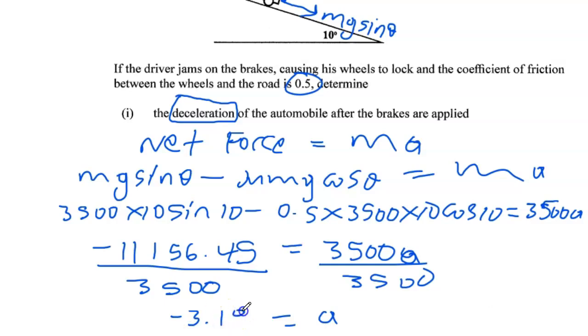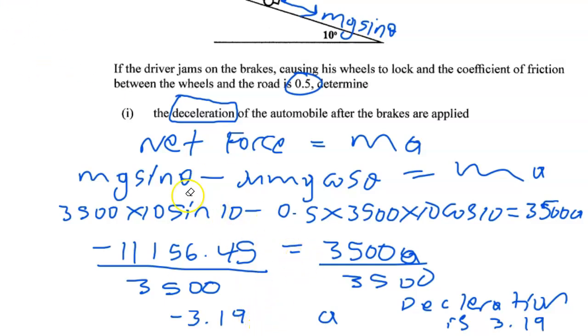And we expect a negative value, deceleration, same as a negative acceleration. So the deceleration is 3.19, but a is negative 3.19. And by the way, don't forget the units.